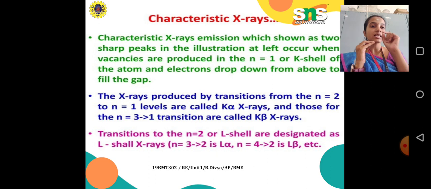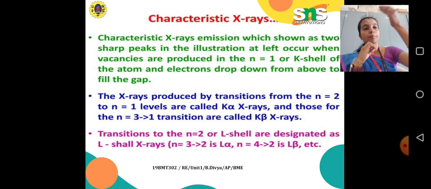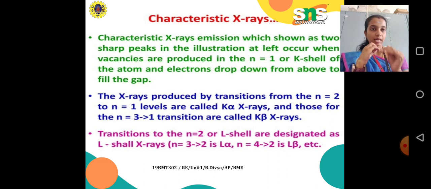We have a vacancy in the n equals 1 or K shell, right? To fill those gaps, the electrons will move from the upper shell to fill the gap.